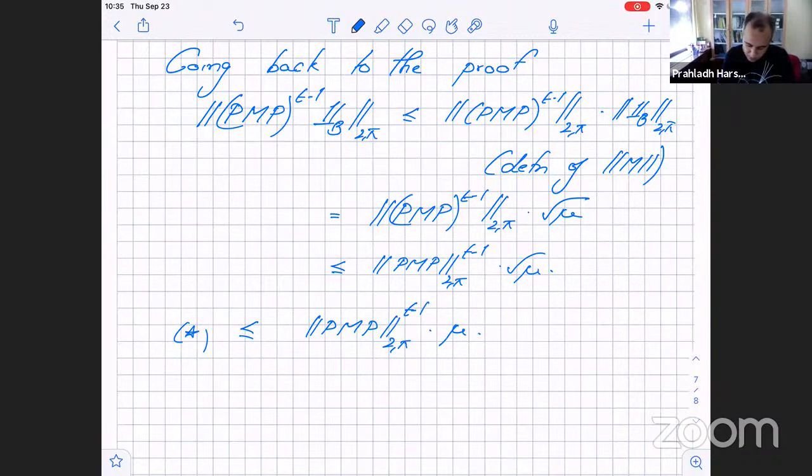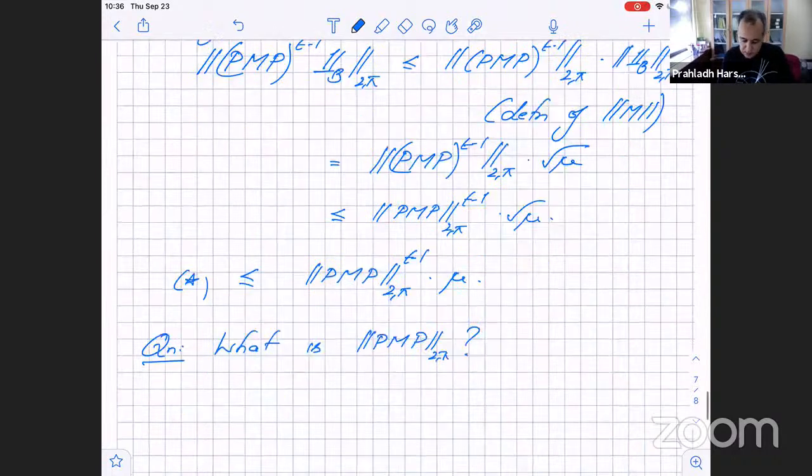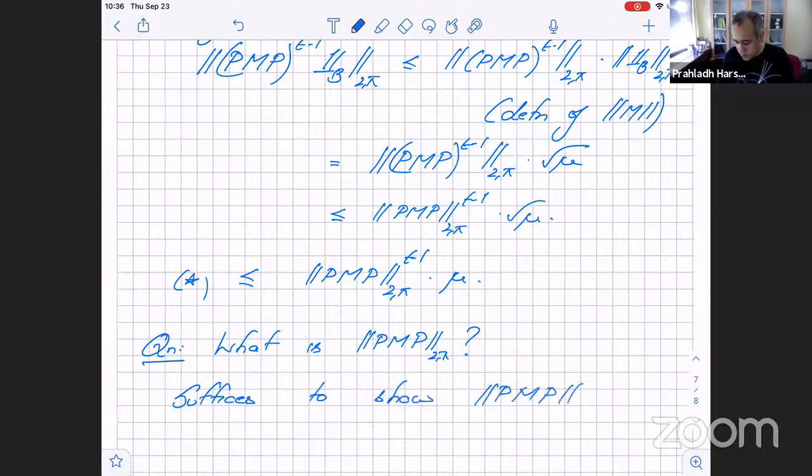So now the question is, what is PMP? It's sufficient if we understand this. In fact, it suffices to show PMP 2π is less than or equal to μ plus λ(1 minus μ).